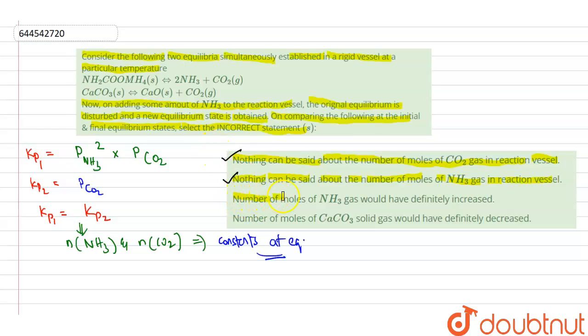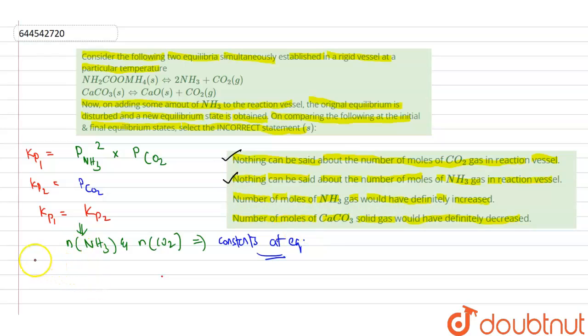Number of moles of NH3 gas would have definitely increased. Also the fourth option: number of moles of CaCO3 solid would have definitely decreased. Now looking at the third option, number of moles of NH3 gas would have definitely increased.